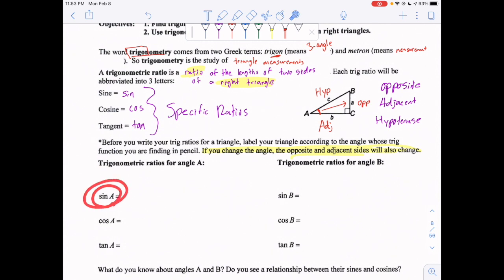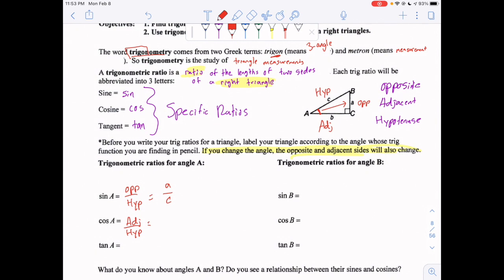So the sine of angle A, the ratio would be opposite over hypotenuse. So we find that real quick. Opposite angle A is letter A, hypotenuse is C. For cosine, it will be adjacent over hypotenuse.